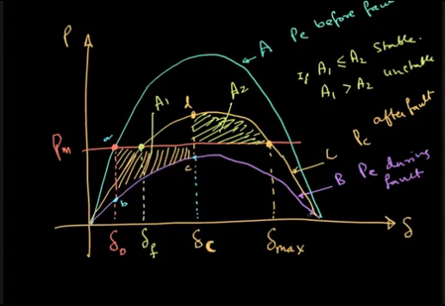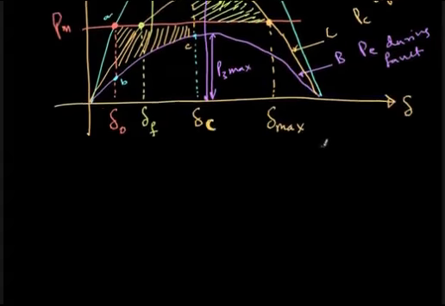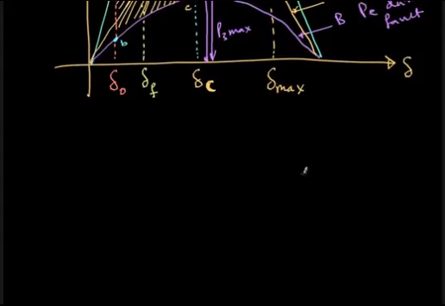Let's assume the peak value is P3 max, whereas here the peak value is P2 max. P1 max we don't require here.